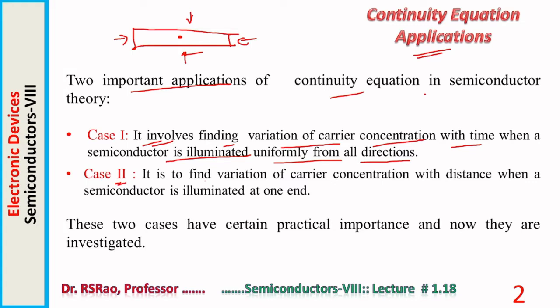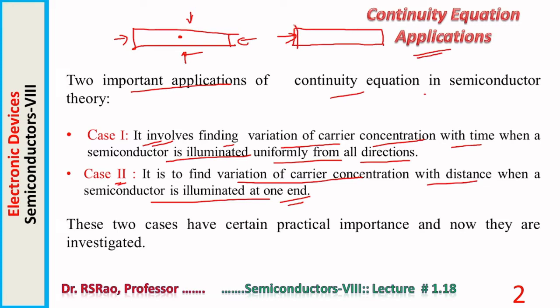In case 2, we try to determine the variation of carrier concentration with distance when a semiconductor is illuminated at one end. The slab is illuminated at one end, let us say the left side end.